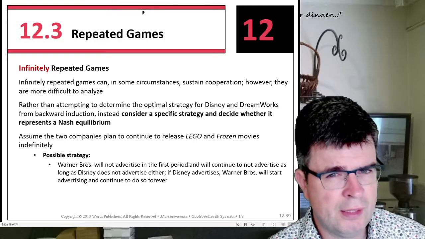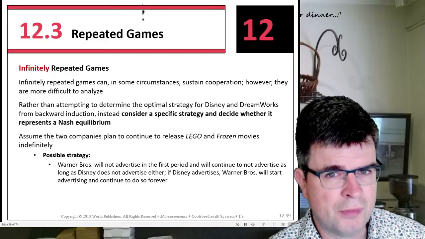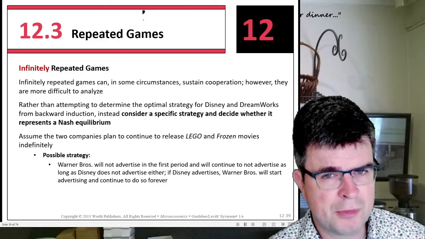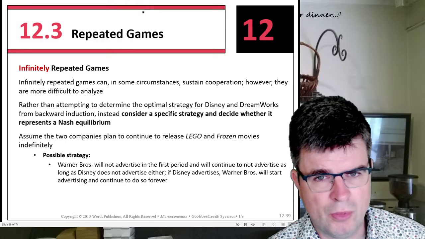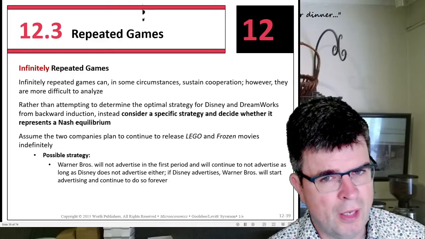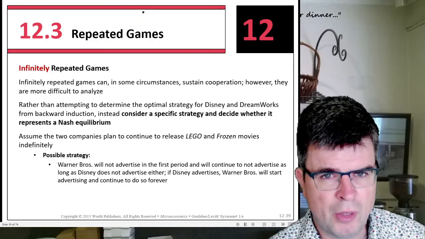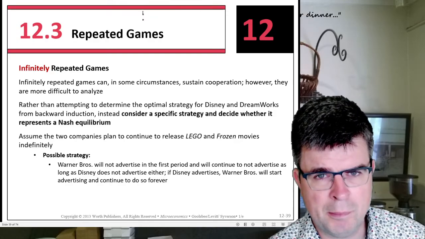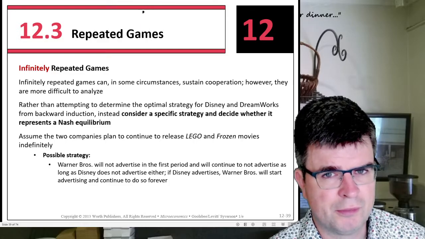And here you can see that the strategy is really a code book, because it describes every eventuality, what a player will do. In period 1, this is the first period, so I have no information on what Disney did in the past. In period 1, I definitely will not advertise.